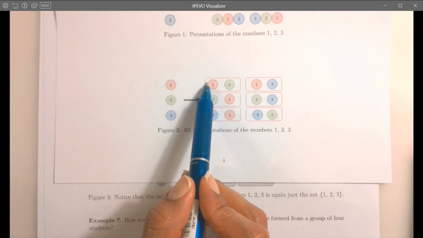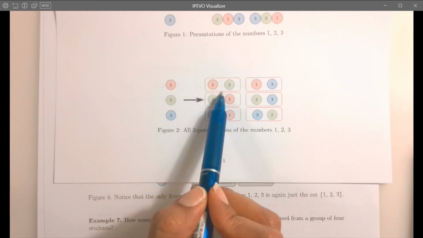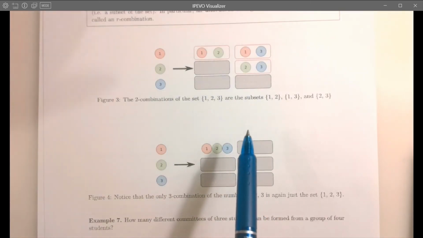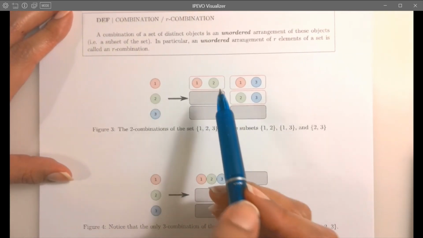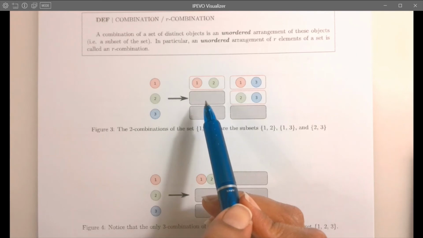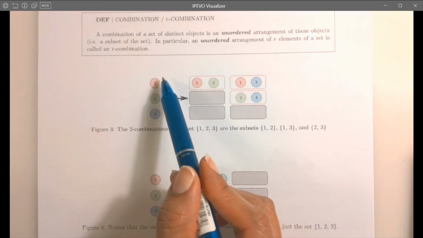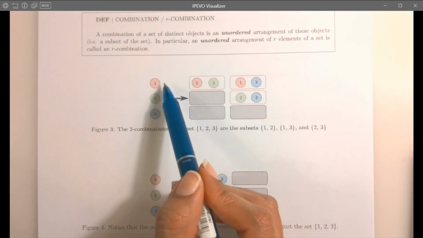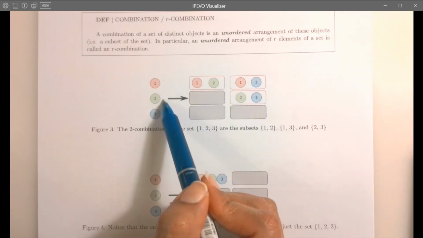In a combination, these would be considered the same. The order wouldn't matter. So the number of 2 combinations will be less than the number of 2 permutations. Right? We'll only have 1 combined with 2, or 1 combined with 3, or 2 combined with 3.